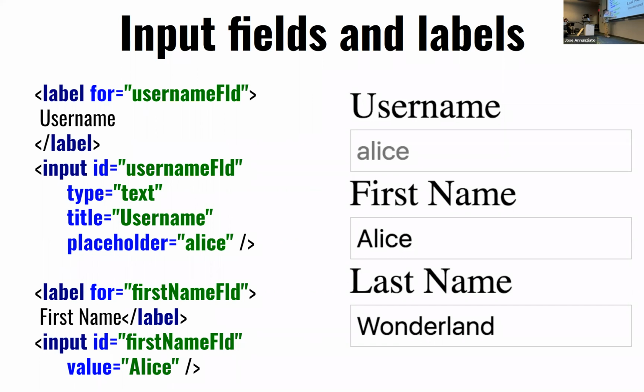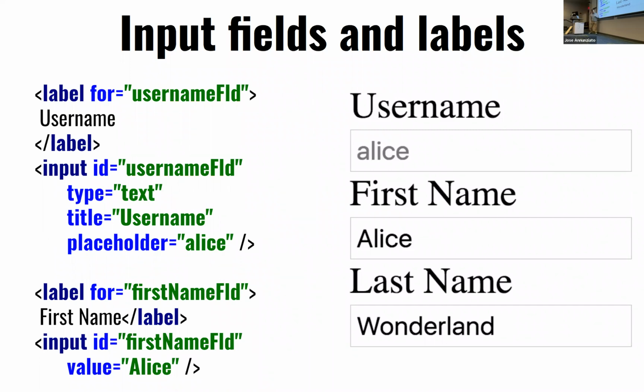It's both an opening and a closing tag. And the slash goes at the end, as opposed to this label, which has an opening tag and then a closing tag. And then it contains this in the body. In the body of this element, you have first name. Whereas input has no body. It's all by itself, lonesome.